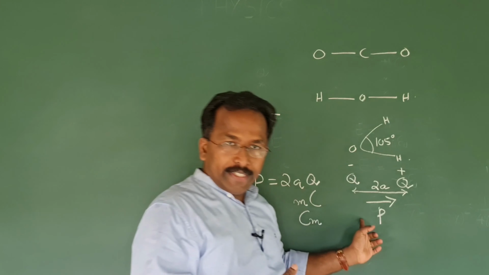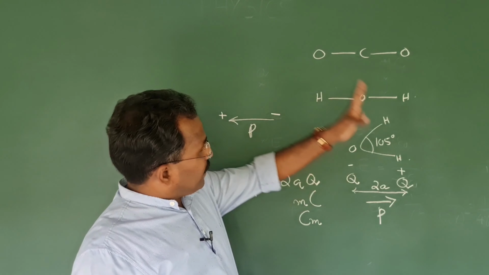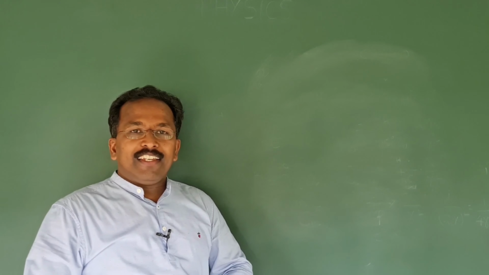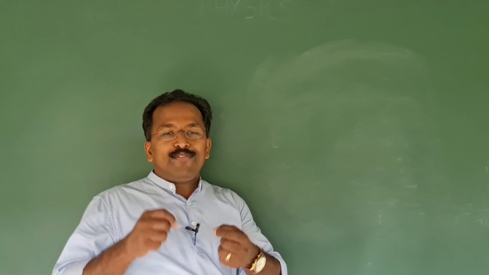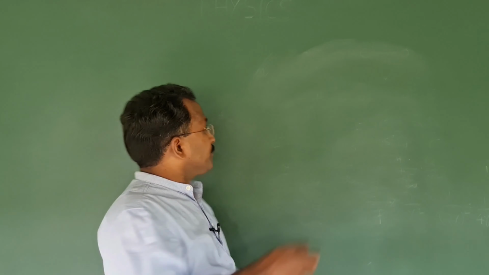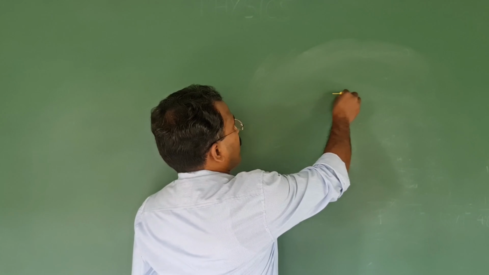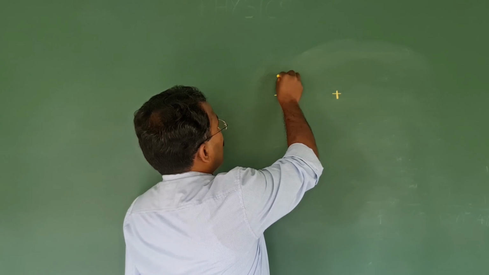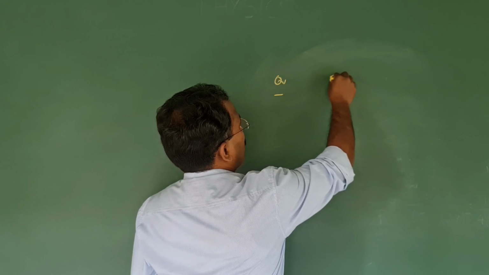Now we continue with this. We need more space, so I am erasing this. Now we study the electric field due to an electric dipole. So you have a positive charge here, a negative charge here. Those charges are equal.